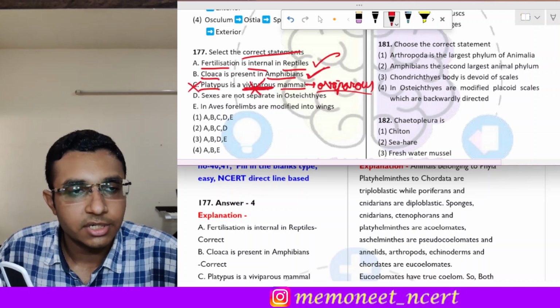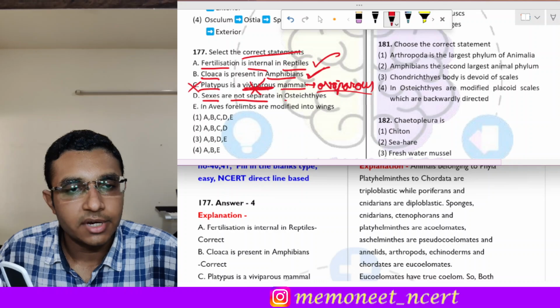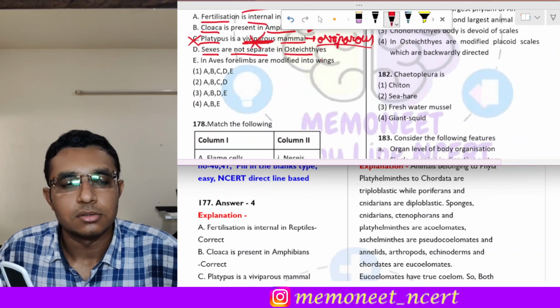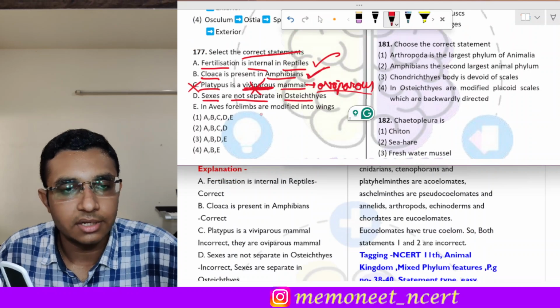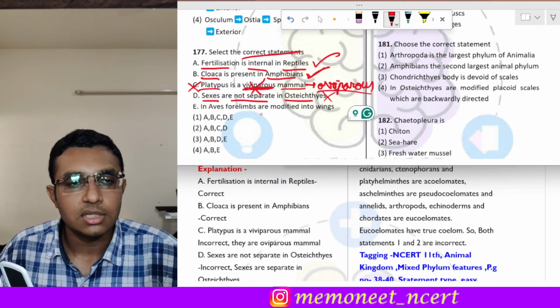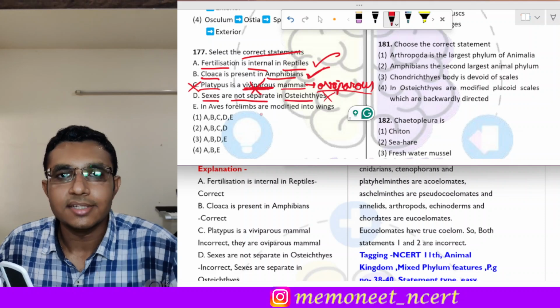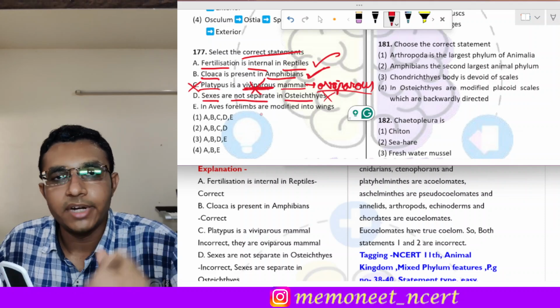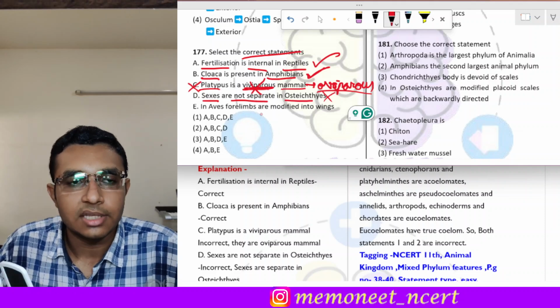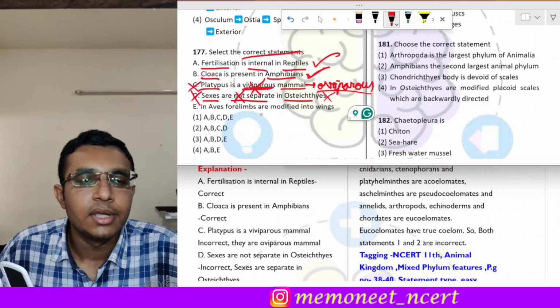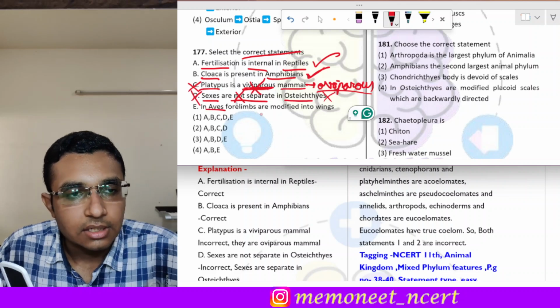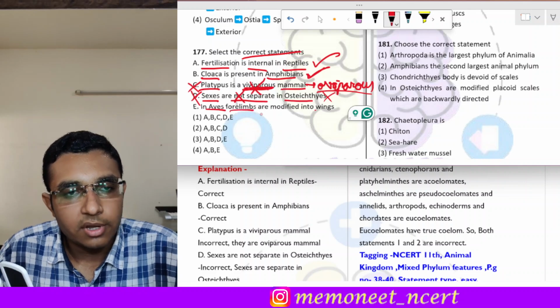The fourth statement is sexes are not separate in osteichthyes. Is this statement correct? No, this statement is also incorrect, because in osteichthyes the sexes are separate. They are an example of dioecious organisms. So this statement is incorrect. Statement E is in aves the forelimbs are modified into wings.